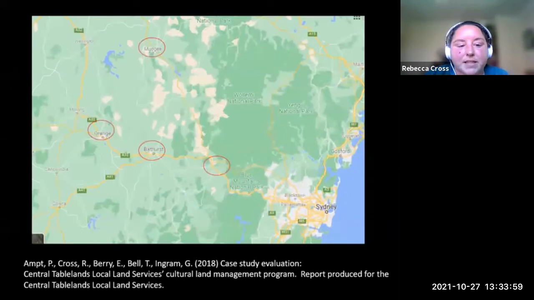This was based on three different land councils, Mudgee, Orange and Bathurst Local Aboriginal Land Councils, and then an arm of Bathurst Local Aboriginal Land Council, which sits in Lithgow, the Mingaan Wiradjuri Aboriginal Corporation, who have cultural right and authority over managing Aboriginal places and lands in the Lithgow area.